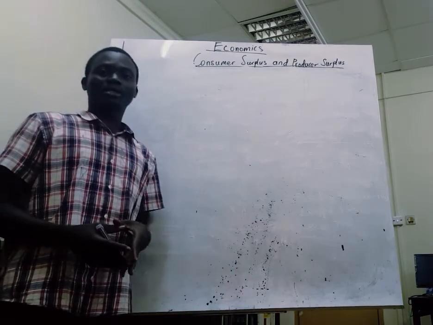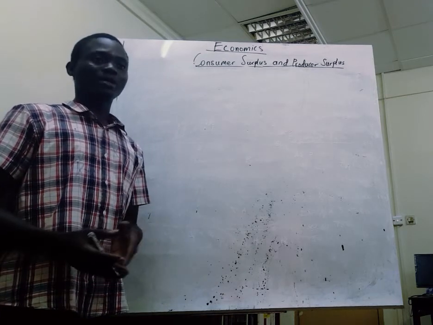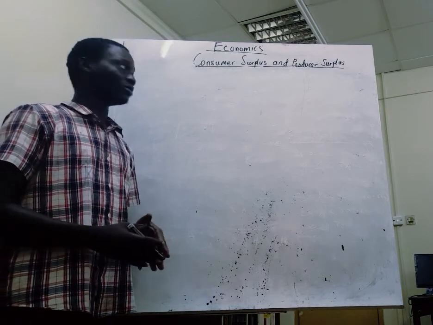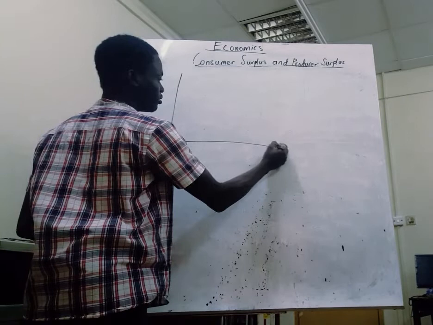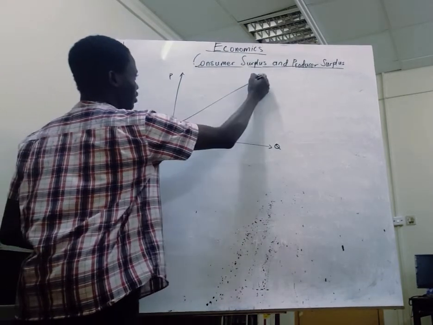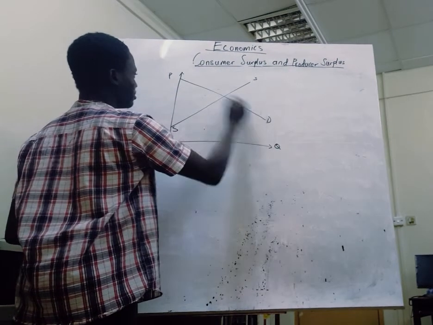To know the losers and the gainers in the market when price changes, that is when we have a lower price or a higher price, we need a graph of demand and supply in order to be able to detect that. All right, so we have this, this is Q, this is 0, and this is P. So we have the supply curve, then we have demand.